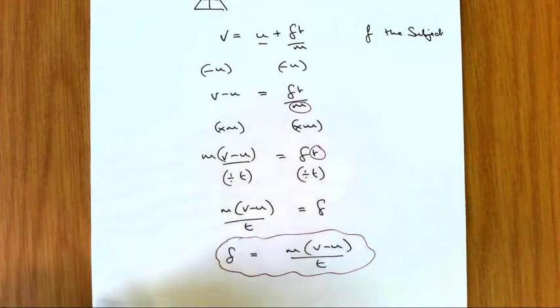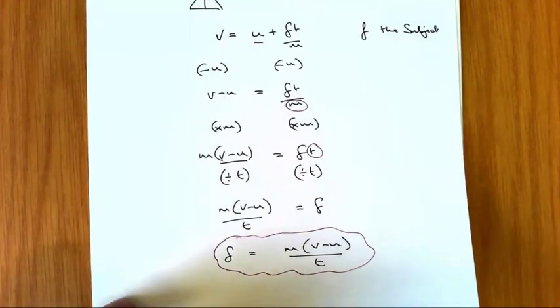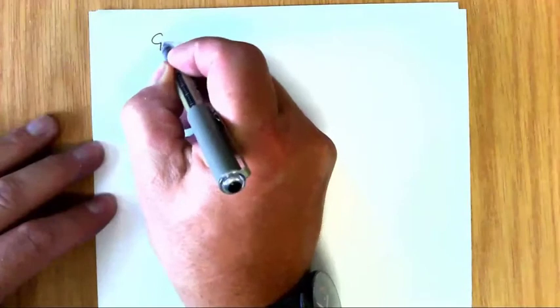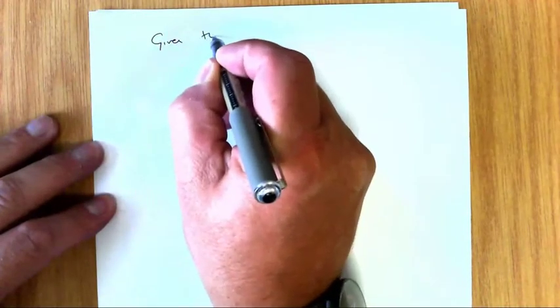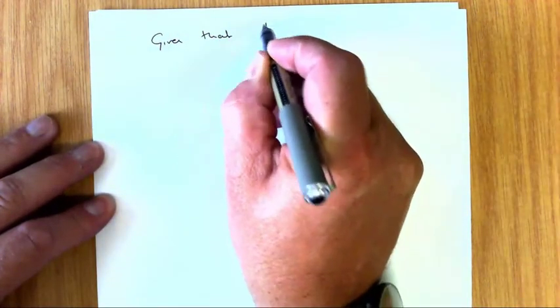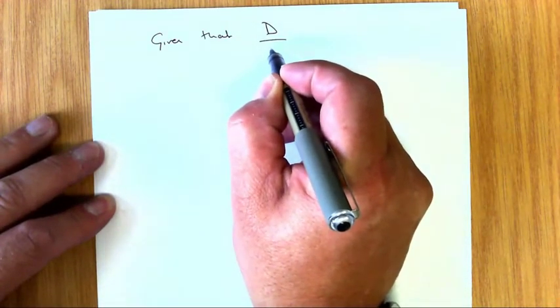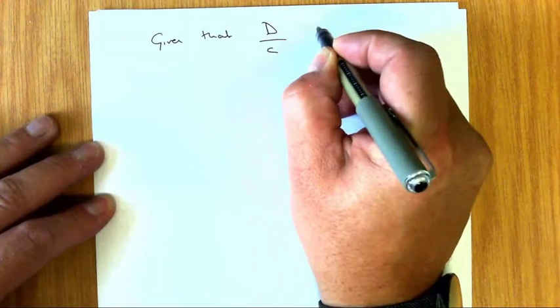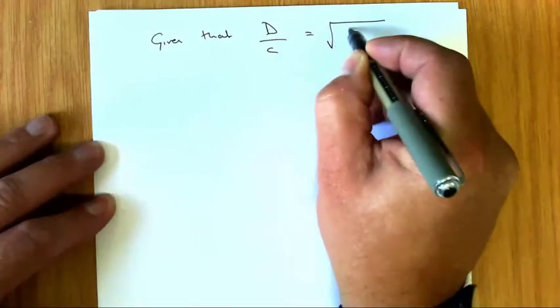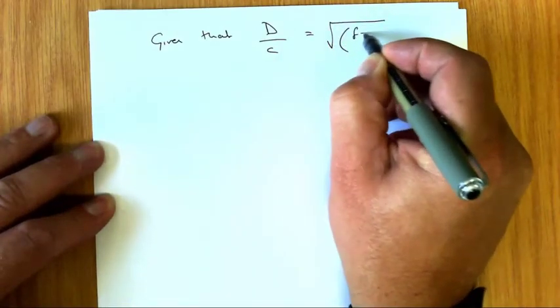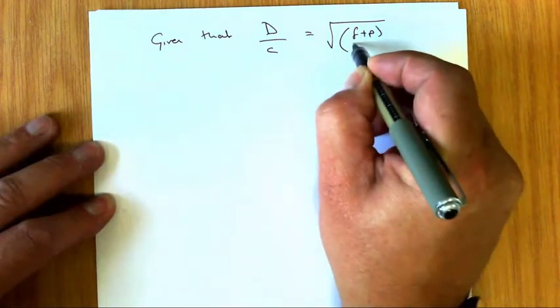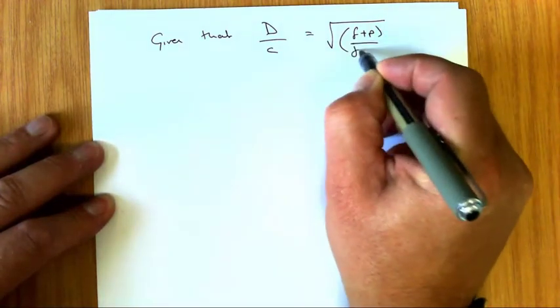Right, well, if you can do that, let's go on to a slightly more difficult equation. When I say slightly, a little bit more tricky, very tricky. Okay, so let's say we're given that d over c is equal to the square root of (f plus p) over (f minus p).